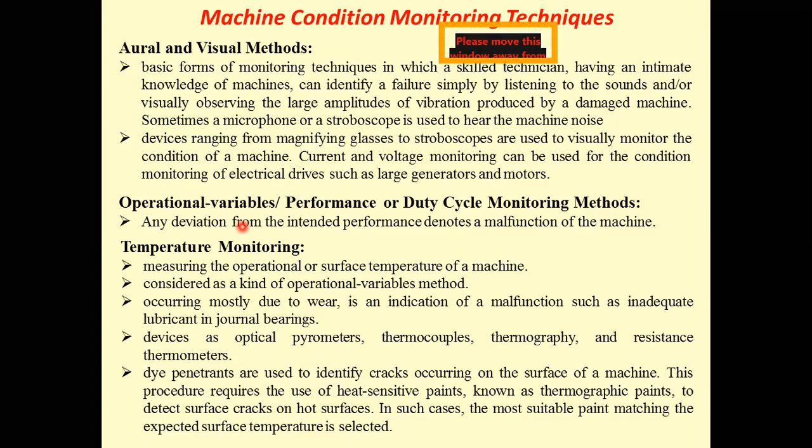There are various operational variables or performance parameters like power, temperature, speed. There are a number of operational variables or performance parameters of any machine. So if there is any deviation from the performance parameters given by that machine or product, it denotes malfunction of the machine. So this is the second method of machine condition monitoring technique.